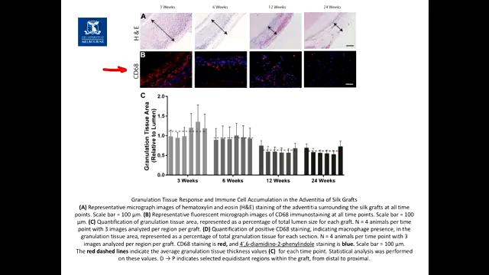By 24 weeks, there's a few. You're always going to have a few macrophages. You're not going to get rid of them completely. But you're seeing a decrease in the inflammatory response over time, which is, you want a bit to start off with, but you don't want it to be sustained.